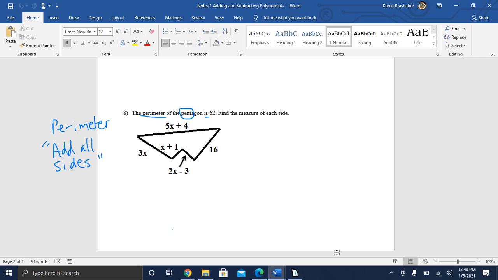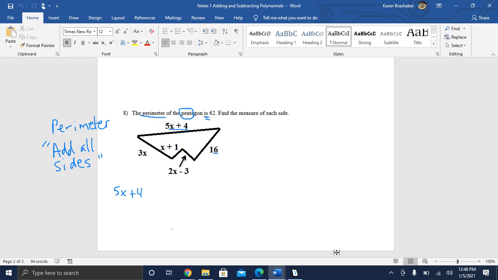And then the word is means that we'll have an equal sign, and it will equal 62. So we'll take 5x plus 4. There's this side. I'm going to mark that one that we have used it.